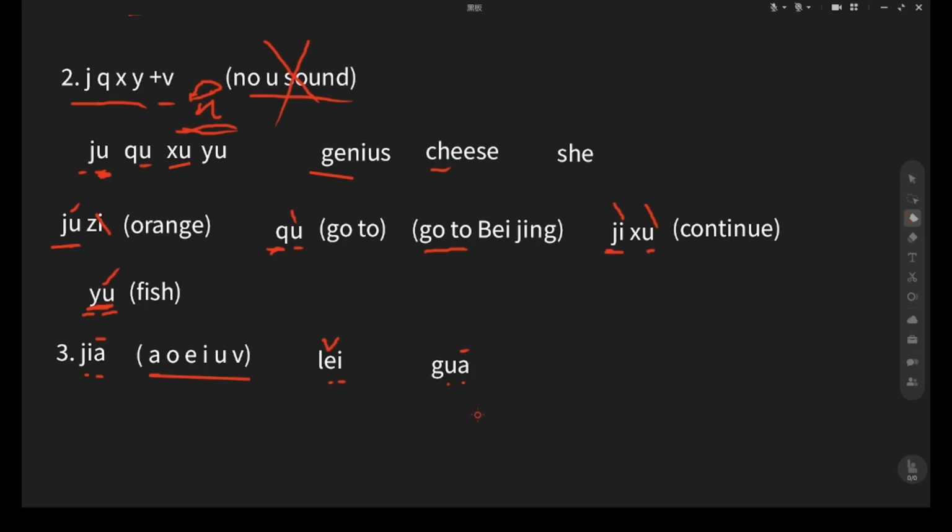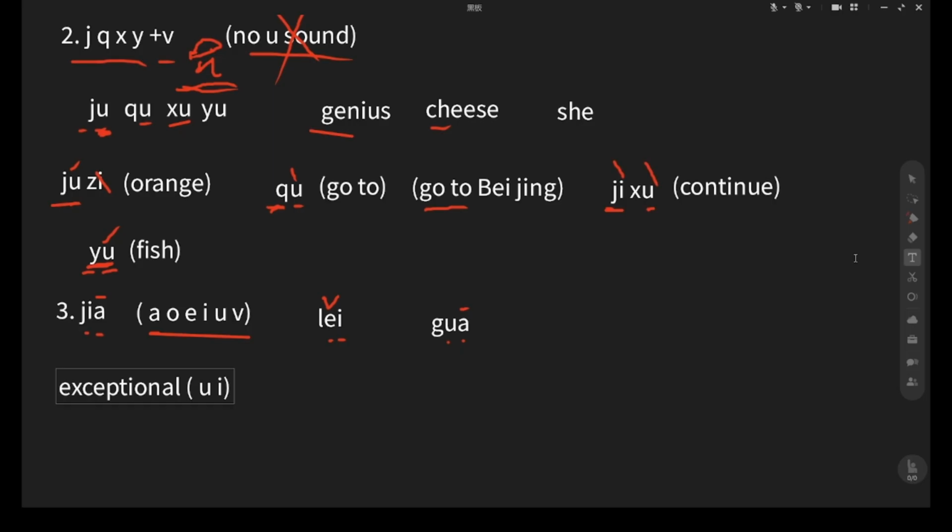But we have an exception. When the vowels are U and I, only these two vowels, then we mark the tone on the last one.